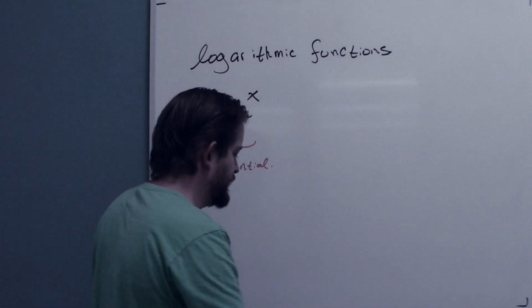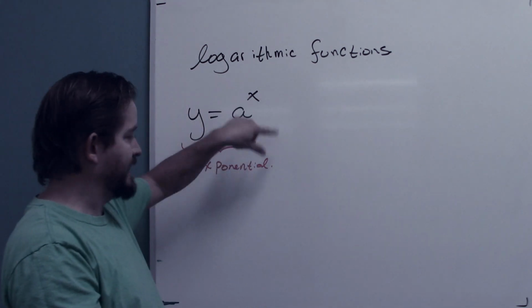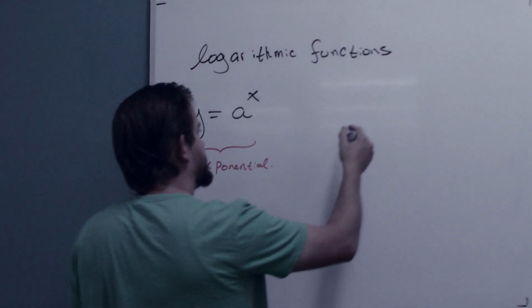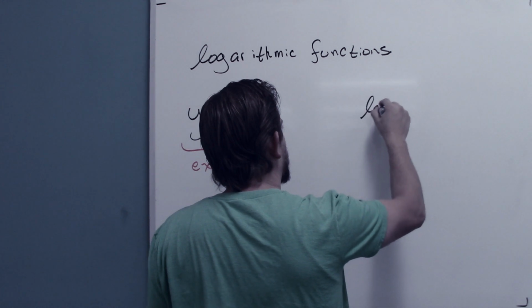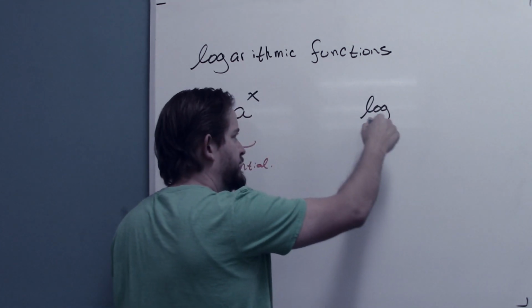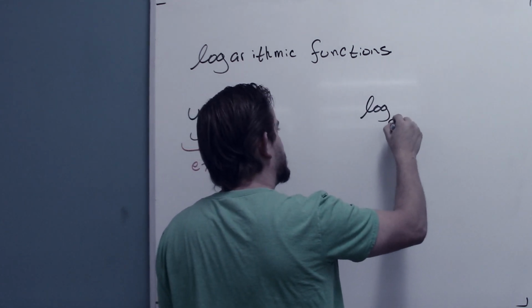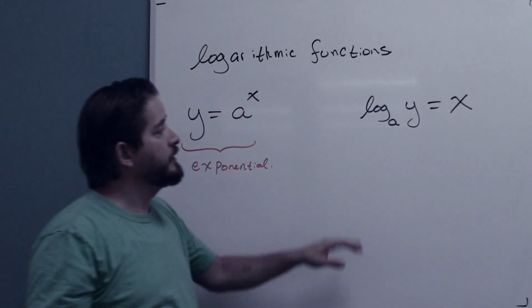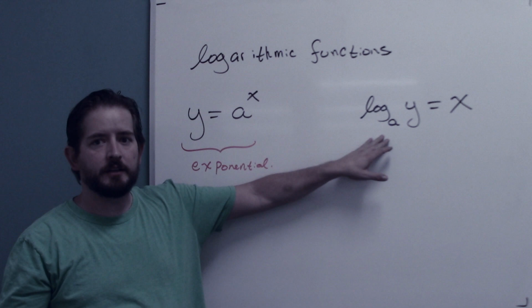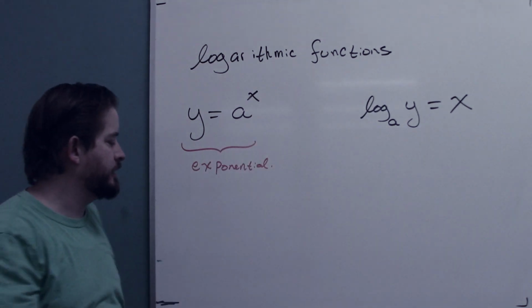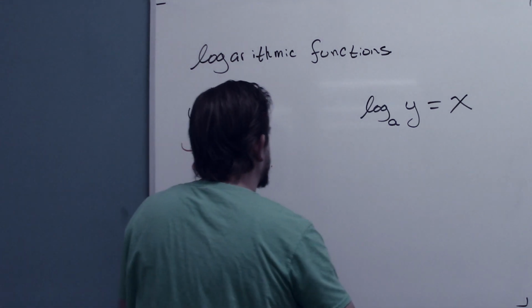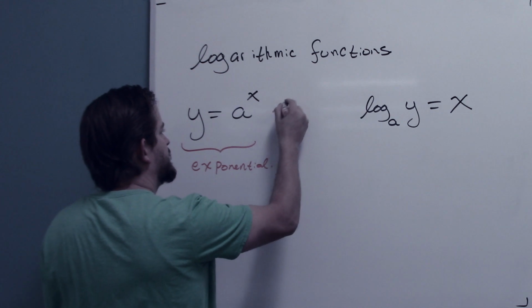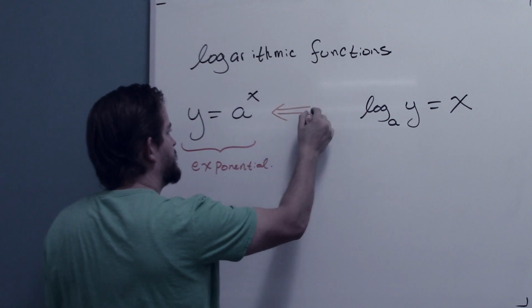And the logarithmic function that pulls this x out of the exponent is this. It would be the log. We would write log for logarithm, base a of y equals x. This is the equivalent logarithmic expression. These two are equivalent, and we show equivalence by a double arrow.